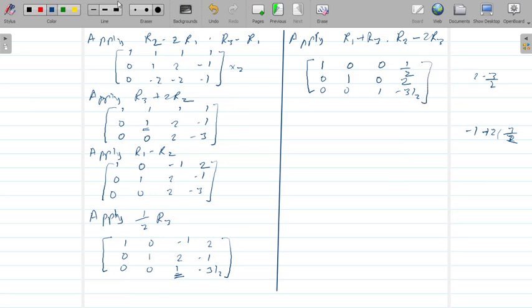Now this matrix is in reduced row echelon form because the column which contains the leading entry has zeros everywhere else. So you can conclude that it is in reduced row echelon form.